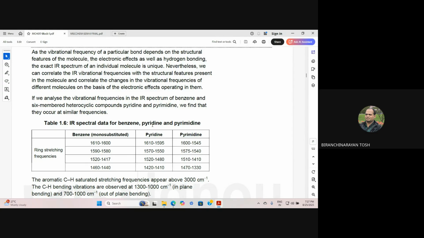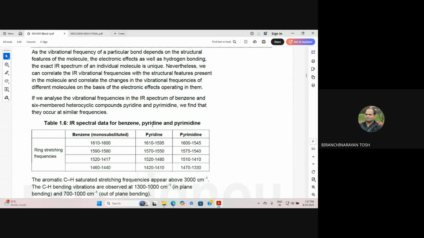Two types of vibration will be there: either stretching or bending vibration. Stretching means two atoms move far away from each other and come closer to each other, vibrating along the internuclear axis relative to one another.